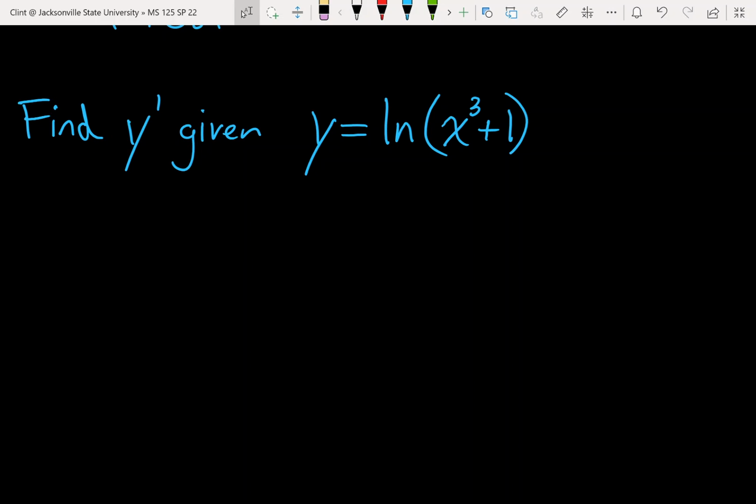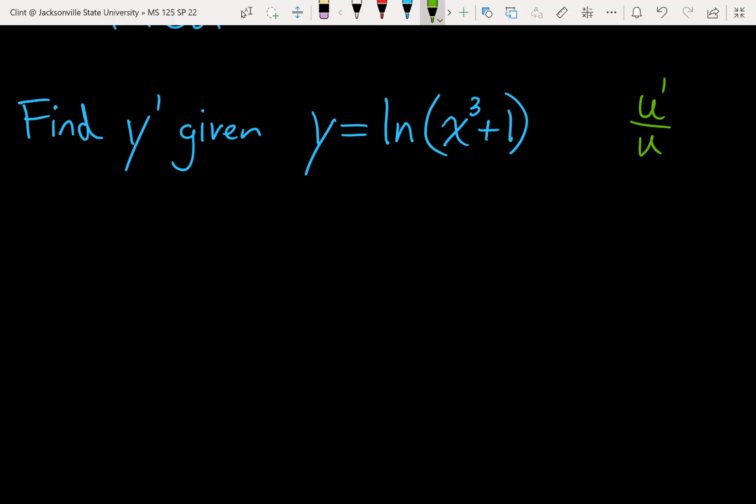The thing we have inside of our natural log is more complicated than just an x, so we have chain rule involved here. We need to remember the chain rule version, and it says we're going to get u prime over u.